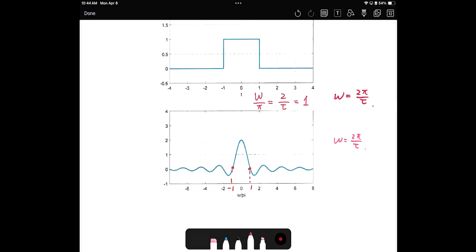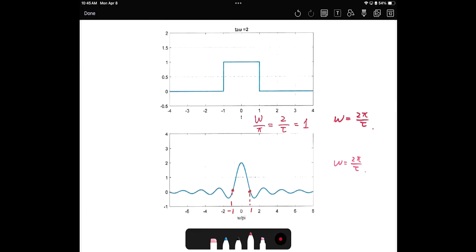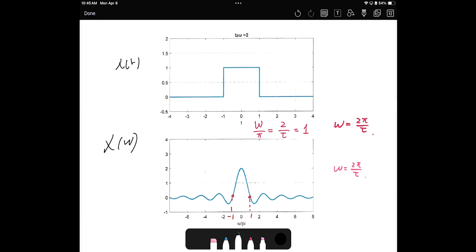By comparing, this is the time domain, and here's x of t. Here's x of omega, the same function. Then we can see that the area here is 2, the width here is 1, 1 times 2 will be 2. That's why the magnitude is 2 here.